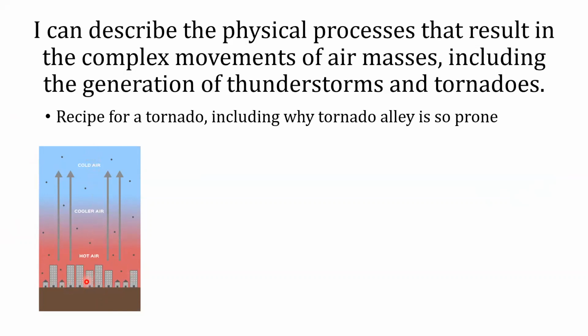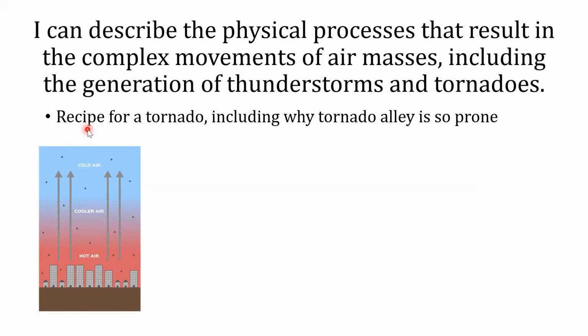And as air rises, it cools due to adiabatic expansion because there's less pressure on it, and so it's expanding and it has a larger amount of space for the same amount of energy, and that forces the temperature to drop. If you really want tornadoes, if you really, really want them, there's a few things that you need. You need warm, wet air in the lower atmosphere. You need that for any storm. You need something to provide lift.